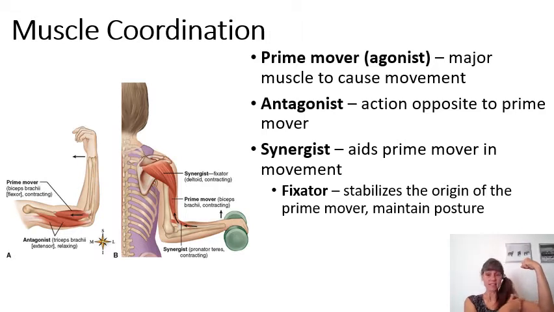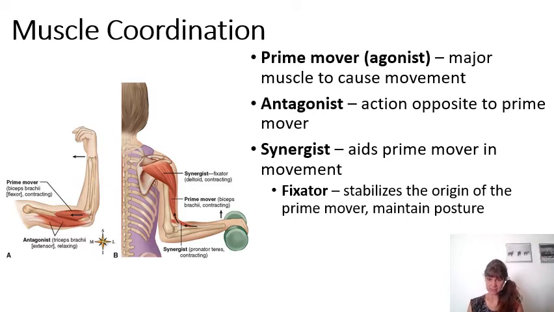Biceps brachii is a synergist. It helps brachialis do its job. However, biceps brachii crosses two joints. It crosses the elbow joint and the shoulder joint. Therefore, it is a synergist aiding the prime mover in motion.